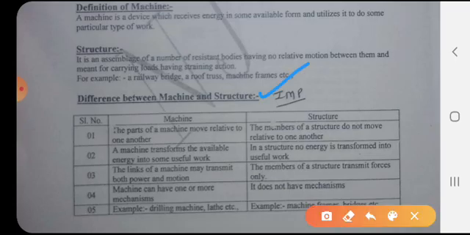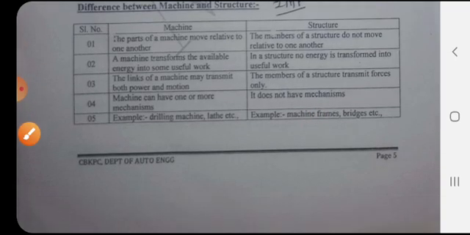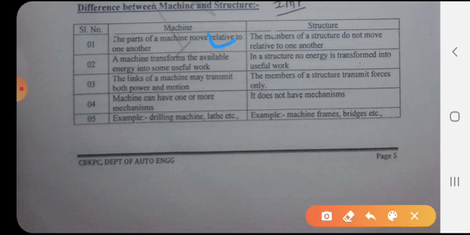Let us discuss the difference between a machine and a structure. First point: the parts of a machine move relative to one another. For example, in a reciprocating steam engine, the piston is connected to the connecting rod, so these two parts are movable.